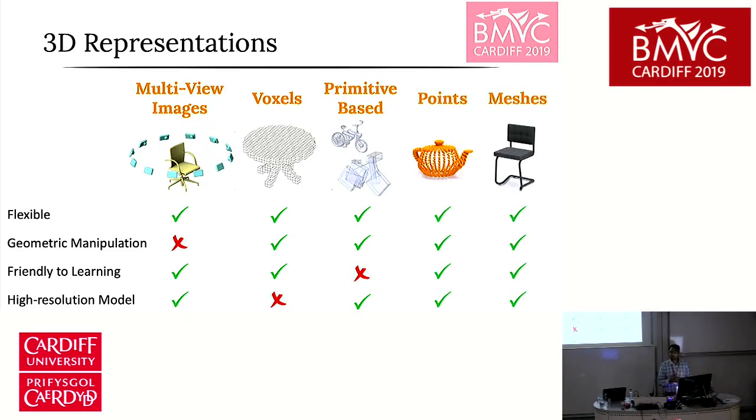Point and mesh representations have recently gained a lot of popularity because of their numerous benefits: they are lightweight, flexible, can represent high resolution models, and are also friendly to learning. Hence, in this work, we primarily focus on these two representations, namely points and meshes, and propose a new loss function which they can use for reconstruction.